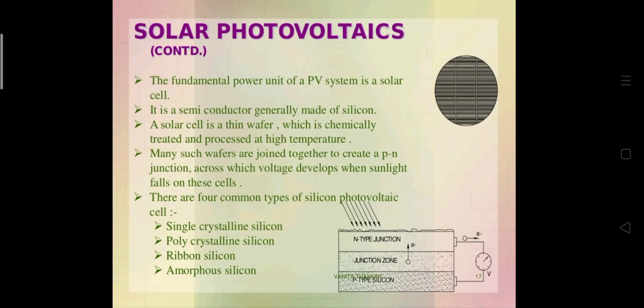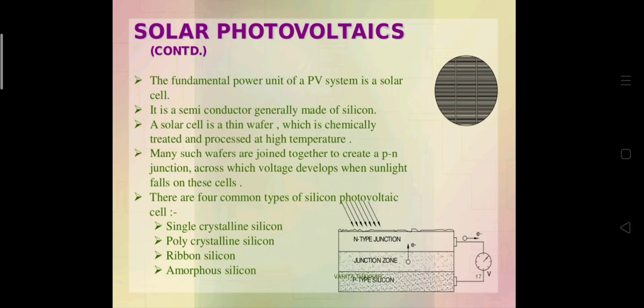This P and N are connected to a voltmeter, and sunlight is incident on the surface of the N-type material. We get electrons, and the flow of electrons is nothing but electricity. So current is flowing through this voltmeter. And here are the 4 types of solar photovoltaics.